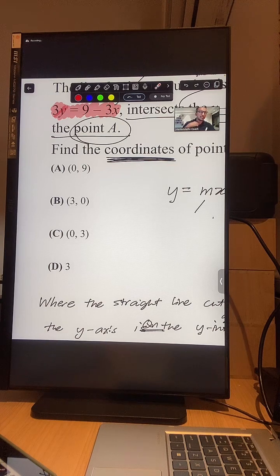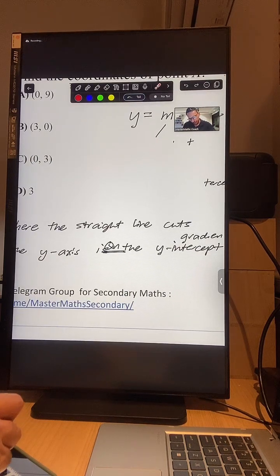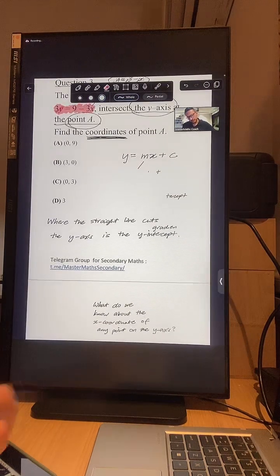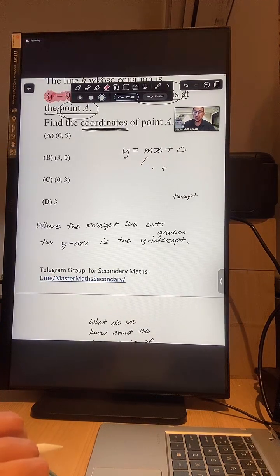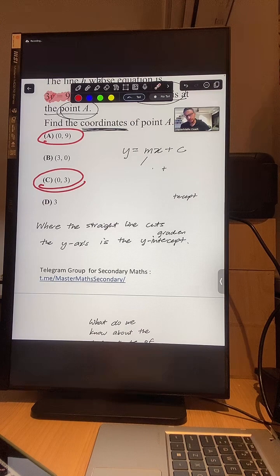So if the x-coordinate here is 3, then obviously this cannot be point A. Because we've already said, right, that for any point on the y-axis, the x-coordinate must be 0. So it's either A or C.